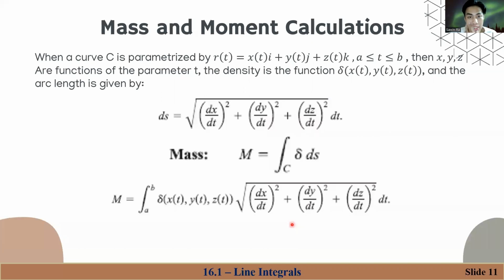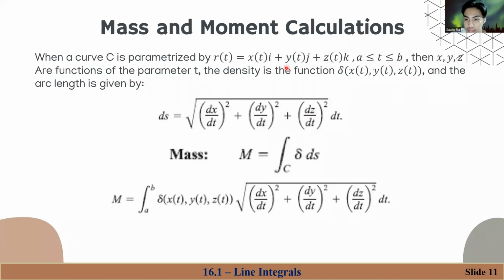Next part is the mass and moment calculations. It is said that we treat coil springs and wire as mass distributed along a smooth curve in space. So when a curve C is parameterized by the equation that we mentioned, r of t equals x of t i plus y of t j plus z of t k, with the range a less than or equal to t less than or equal to b, then the points x, y, and z are functions of the parameter t.